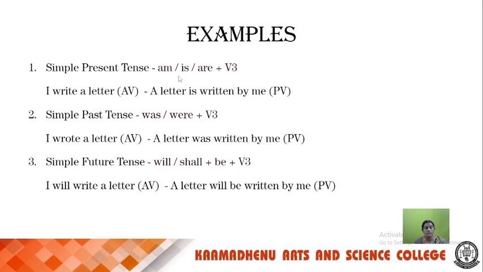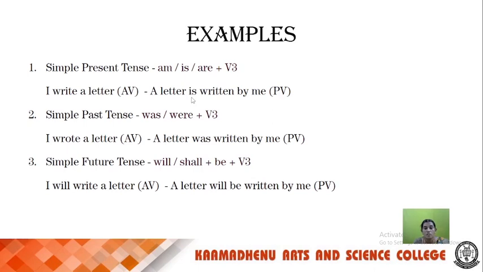Let us see the example. First one, simple present tense. If the sentence is in simple present tense, this is the pattern of the form. Am, is, are plus V3 form. For example, I write a letter is in simple present tense. When you are changing this sentence into passive voice, a letter becomes first in passive form.